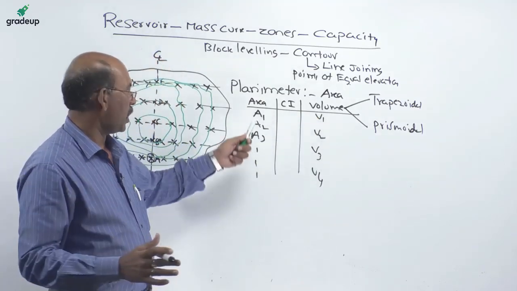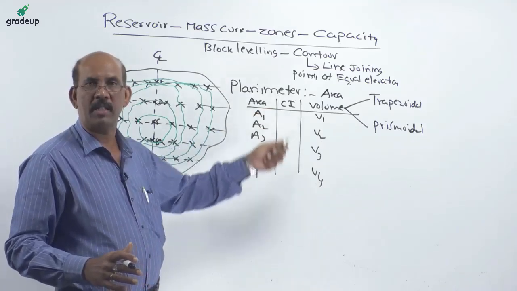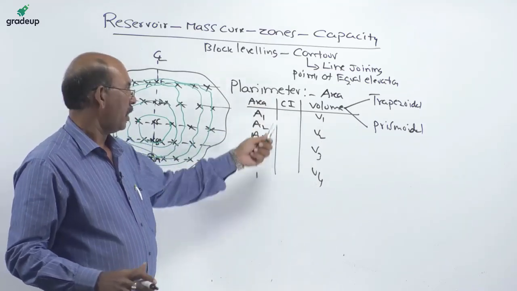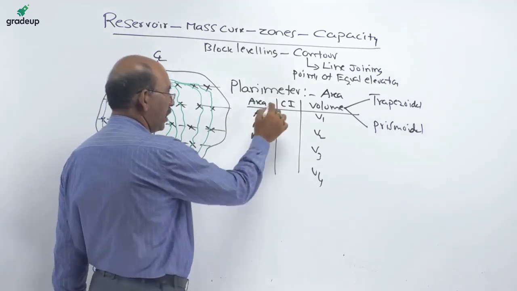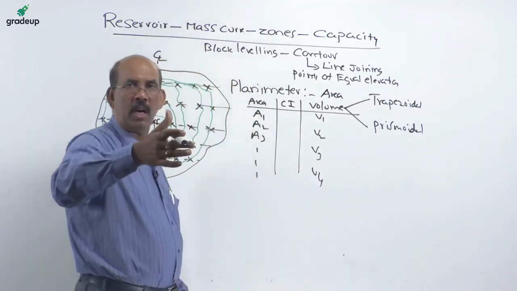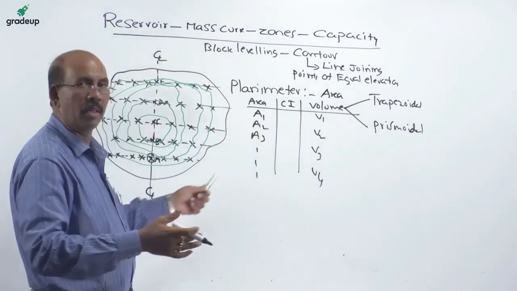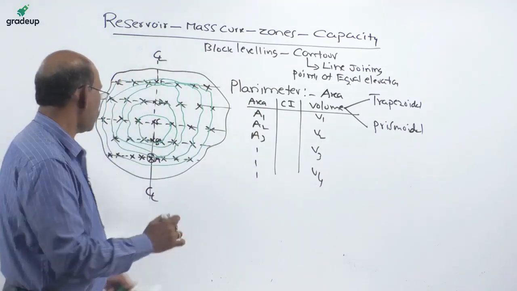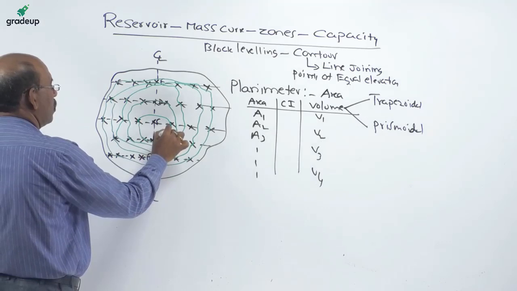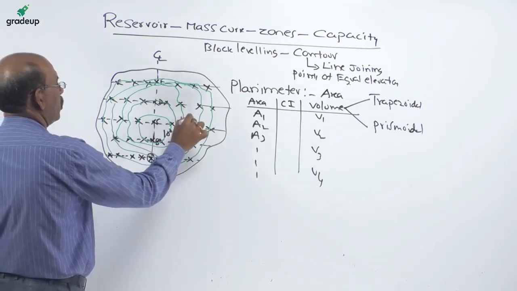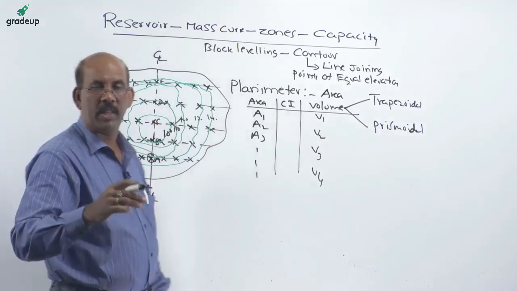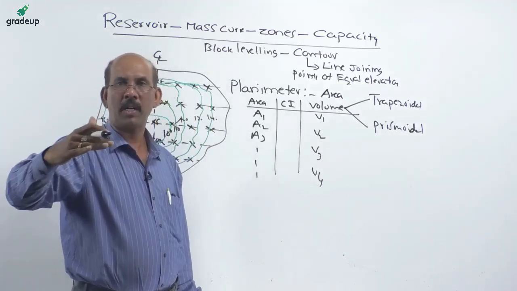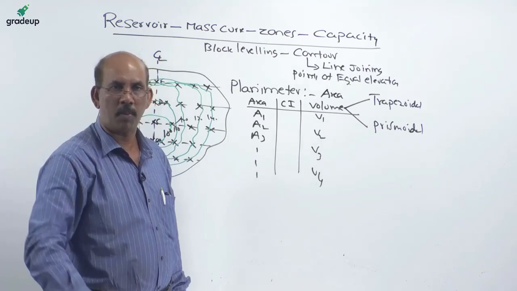Now, you know the contour interval, that is the elevation, and you know the volume, and you know the area. So this is the elevation, and now you plot the various elevations at different contours, 100, 110, 120, 130, 140, and you can calculate with reference to this a plot. Finally, a graph is to be drawn.